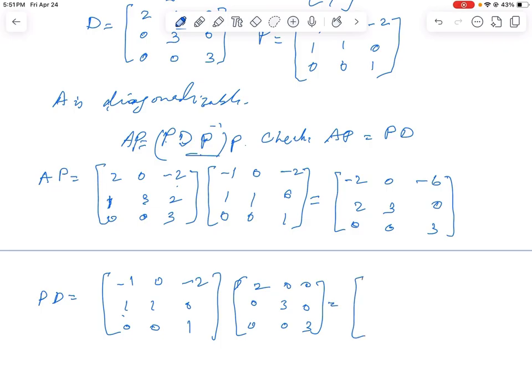Minus 2, then we get 0, minus 6, and then the second row gives me 2, 3, and 0, and the last row 0, 0, 3.